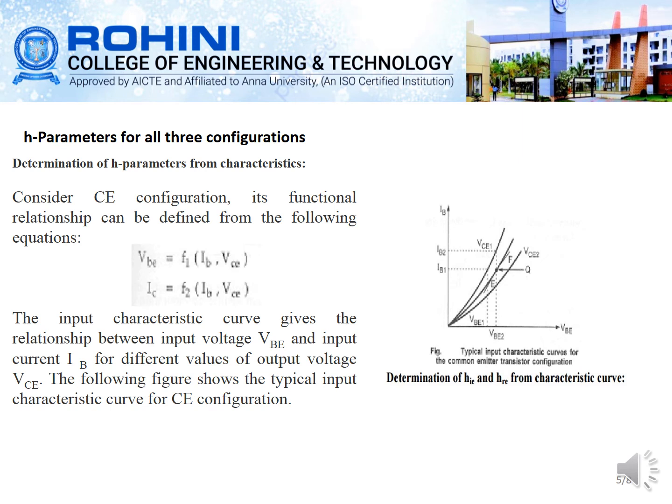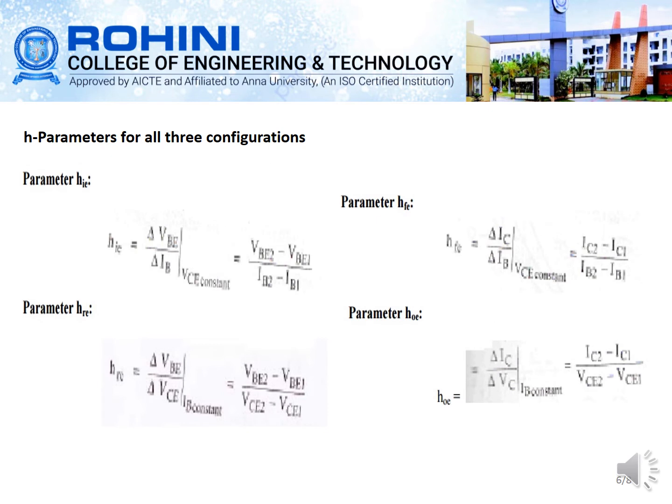This input characteristic curve gives the relationship between the base current and VBE, for the CE configuration. For the H parameters of this configuration, we know they are hie, hfe, hre and hoe. To determine hie, you can write the equation as del VBE divided by del IB, when VCE is constant.